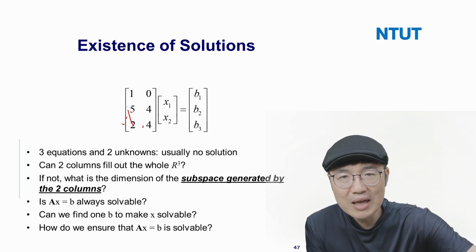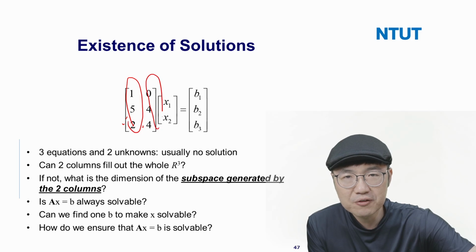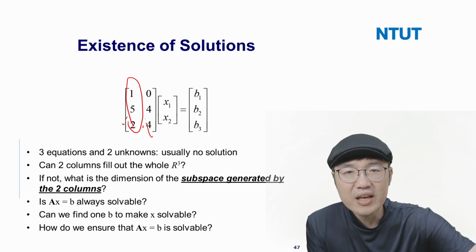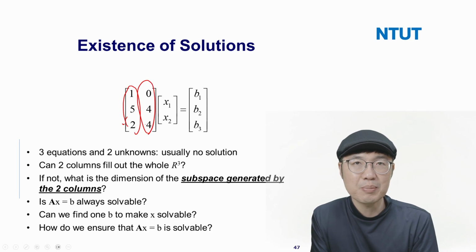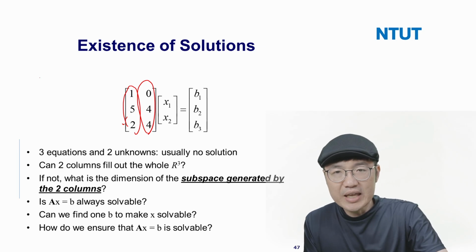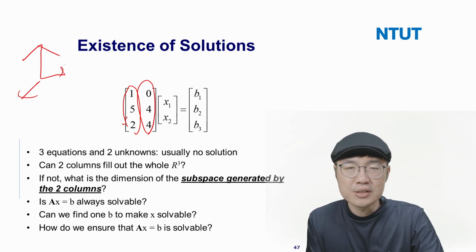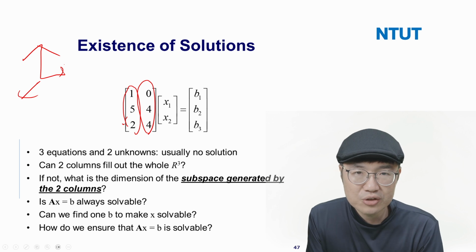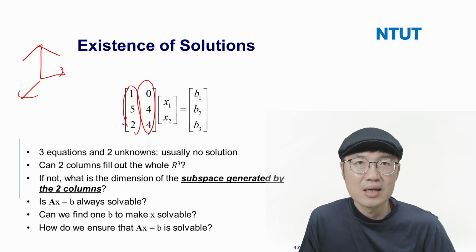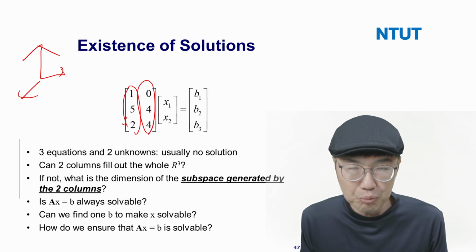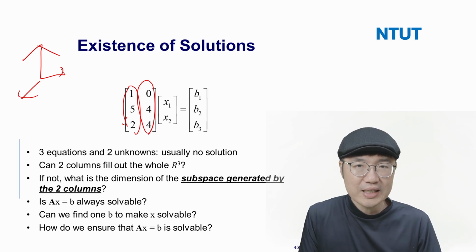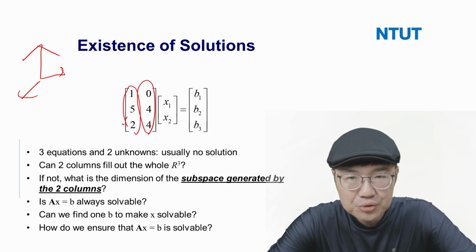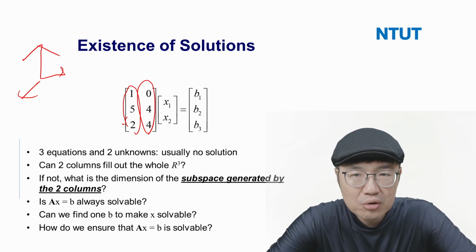No, because (1, 5, 2) and (0, 4, 4) are clearly independent vectors, and they can fill only an R2 subspace. Each of them has three entries, so they must be from R3 space. But the linear combinations of them form only R2. They cannot fill out the whole R3.